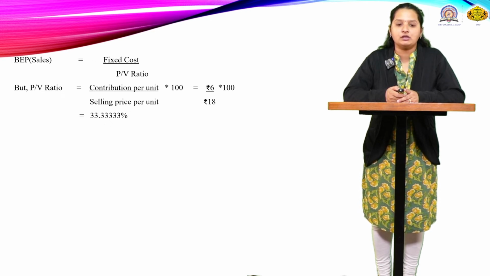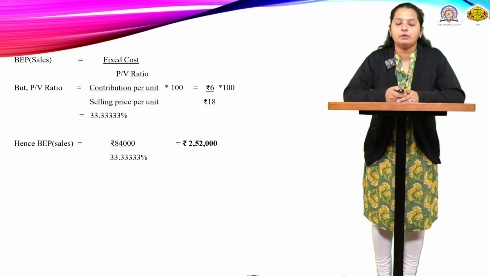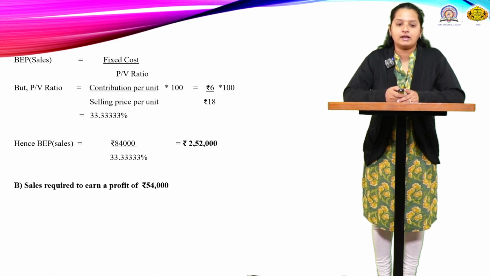So, we can put these figures into our BEP sales formula. 84,000 is the fixed cost upon PV ratio 33.3333%, and the BEP sales will be rupees 2,52,000.